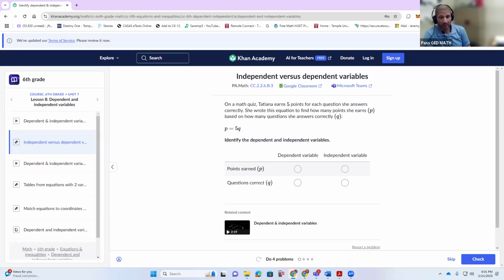Right. So my question is, is points earned dependent or independent? You said it's independent. Tell me why. I don't know. I know it depends on the D.